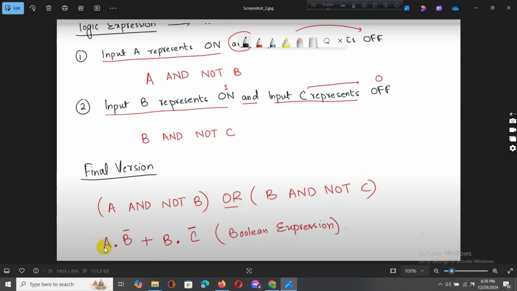For A, you write a dot, which is a multiplication sign, then B bar for not B. For the OR operator, you write an addition sign. Then B and not C: B, a dot for AND, and C bar for not C. So this is your Boolean expression.